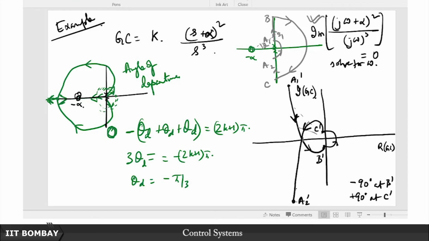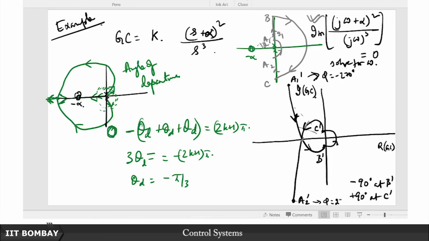So let us see, at A2 prime what is the phase, yeah. So what was the phase at A1 prime? A1 prime is this map, so at A1 prime the phi was minus 270 degrees, here the phase is 270 degrees.